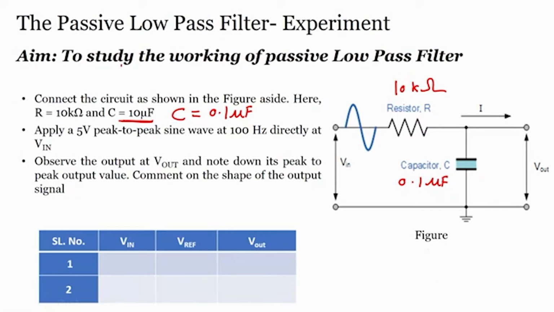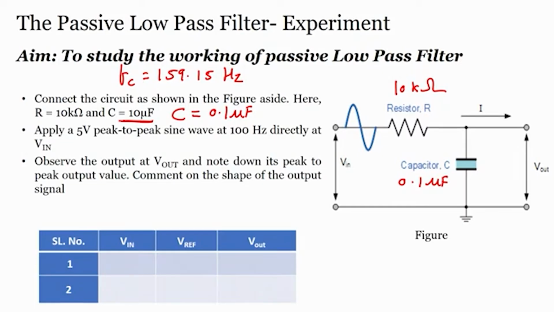Here my FC equals 159.15 Hertz. Okay. So, having these conditions, if I make an RC filter, this is a passive low pass filter, what kind of voltage do I get and what is the waveform or shape of the output signal.